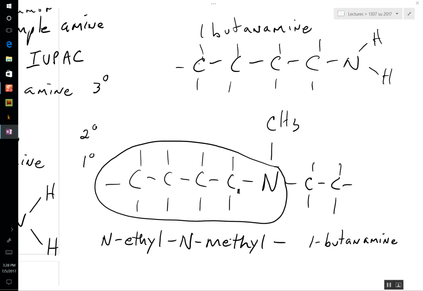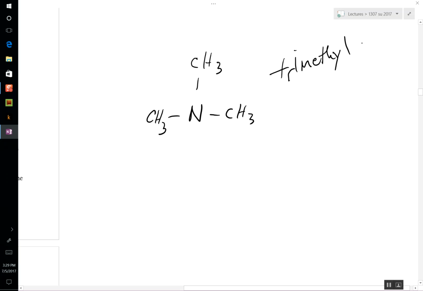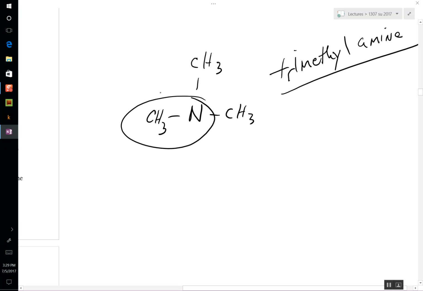They won't always have an N in them, but you won't be using N for simple amines. Trimethylamine is not going to be N-methyl, N-methyl methanamine. That would be the IUPAC name of it. Okay, so if we had this little molecule right here, this is why I'm saying if it's simple, just call it trimethylamine. Because to go to IUPAC, there's your longest chain. So that's methanamine.